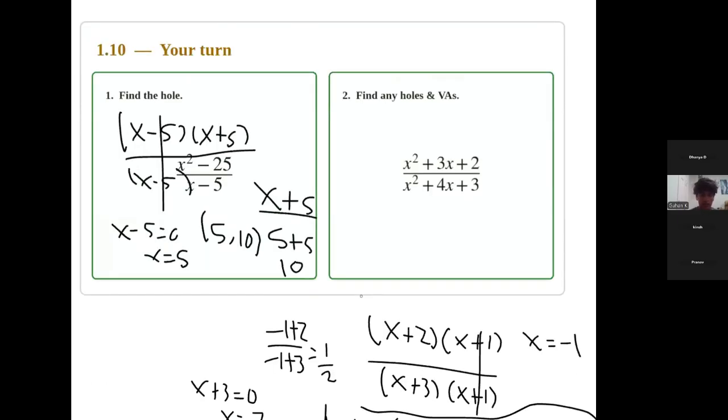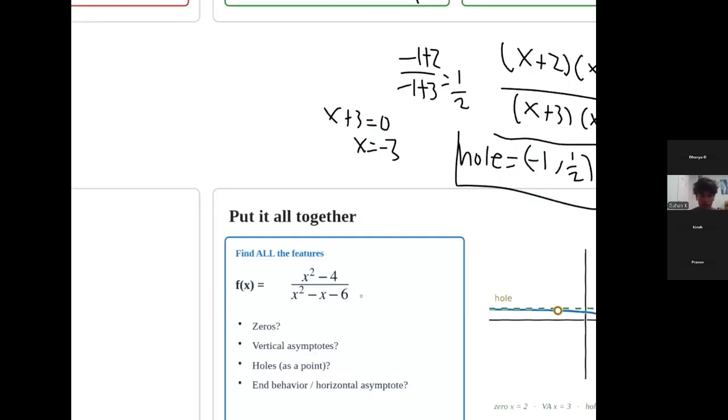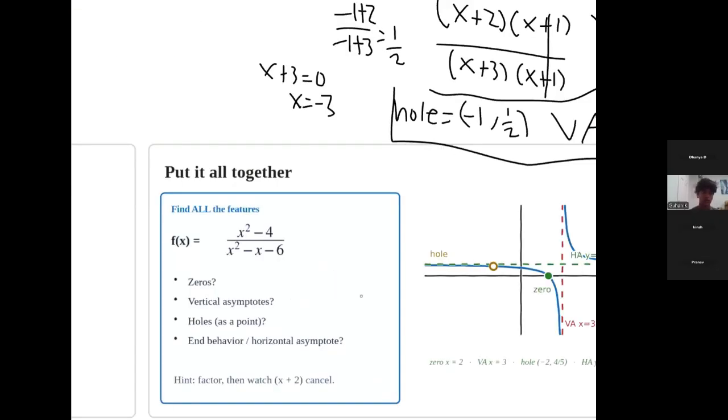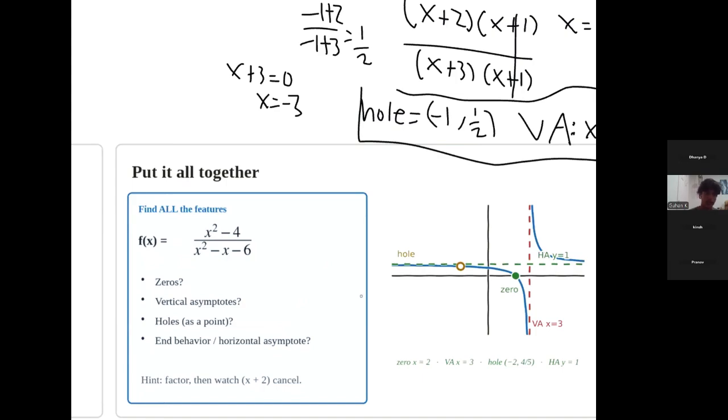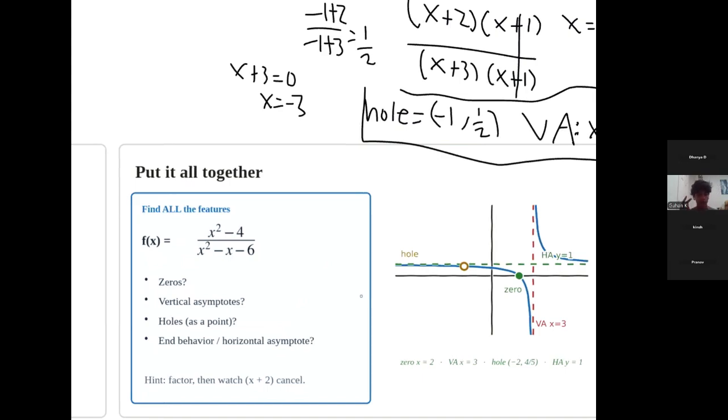Now, we'll go over everything we learned in this video today with this question right here. So I want you guys to give me 4 things: the zeros, vertical asymptotes, holes, and end behavior. For the end behavior on this, normally we've been doing limit x to, let's just say infinity, and you give me y.